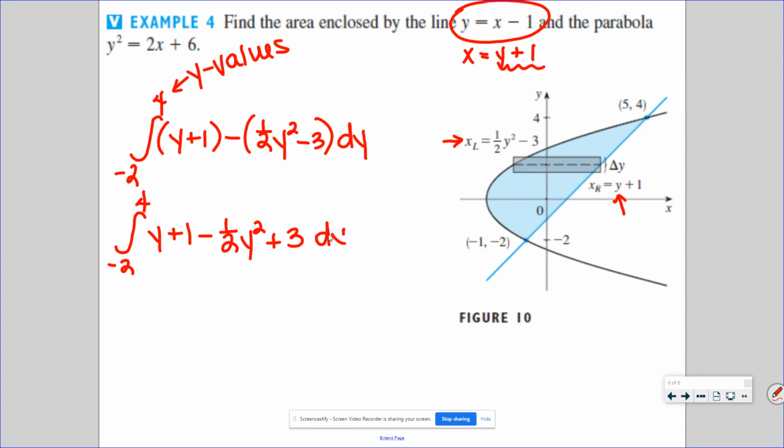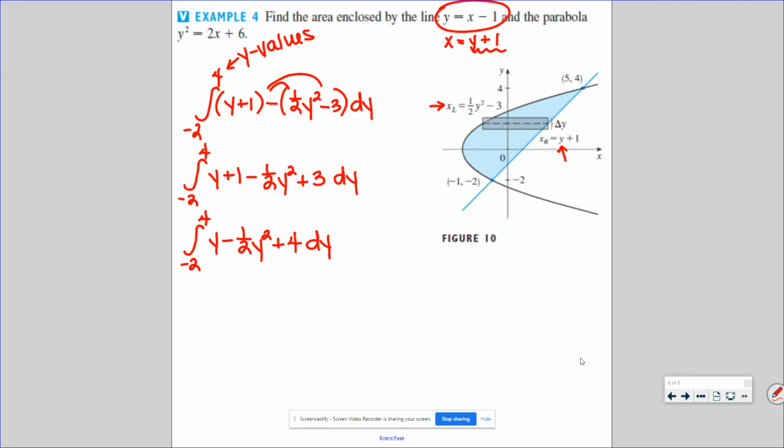So right now what I'm doing is just running this negative through so that I can combine like terms. I don't feel like integrating this many terms if I don't have to. So I'm going to condense it down as much as I can before I anti-derive. So this looks like it's the best I can do as far as simplifying goes.